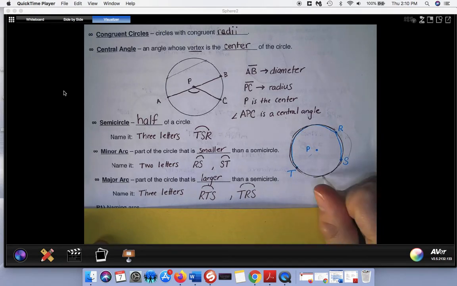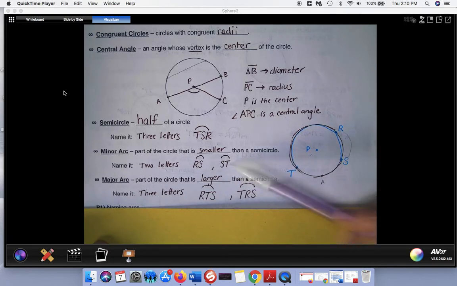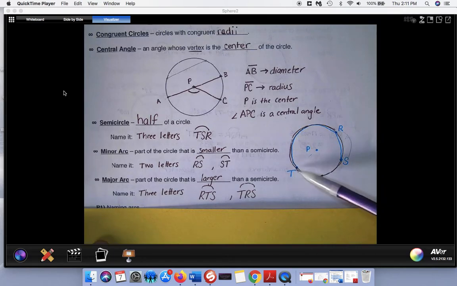If there were another point, let's say I called it point A right there, and I wanted to talk about arc ST still, I would still name it ST. I would just bypass right over A. Because ST is a minor arc, we only need 2 letters, and those 2 letters are its endpoints. It doesn't matter if I say arc ST or arc TS, they are one and the same arc.